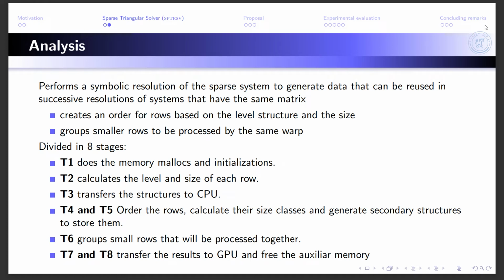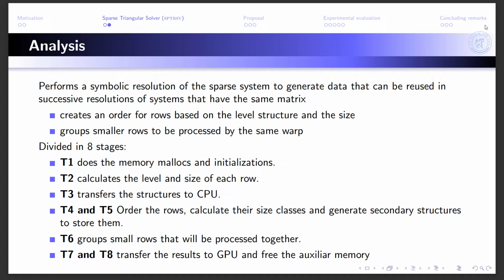The analysis has a few objectives. One is to sort the rows in a way that the rows that are first don't depend on the rows after, and another is to calculate the size of each row.